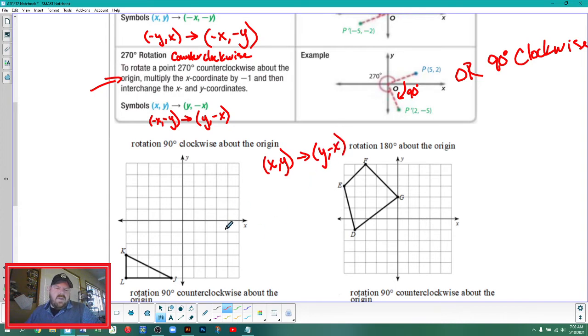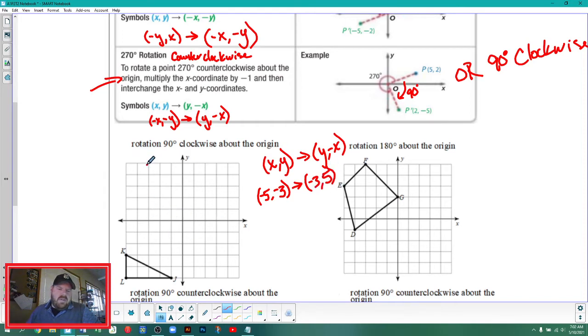Well, let's look at how we're going to do that. Let's start with K. I've got K at (-5, -3). I want to switch positions and make the one in the x place its opposite. So (-3, 5).